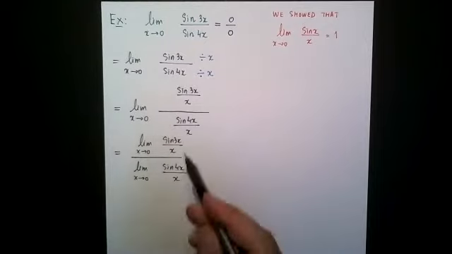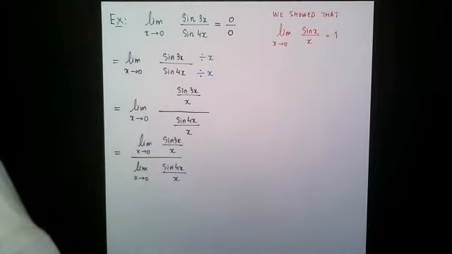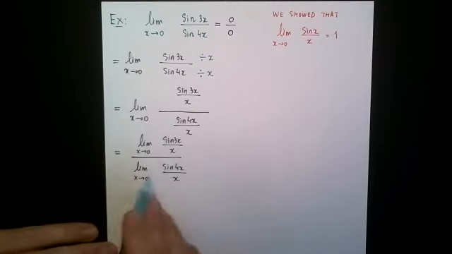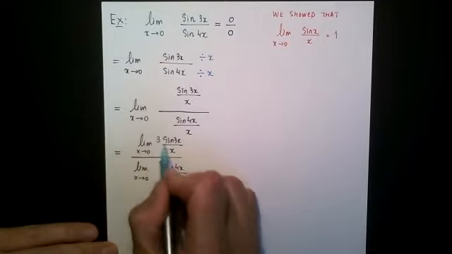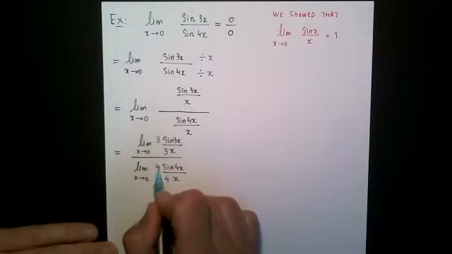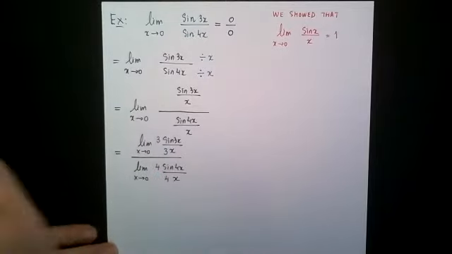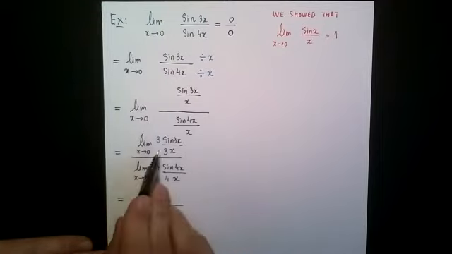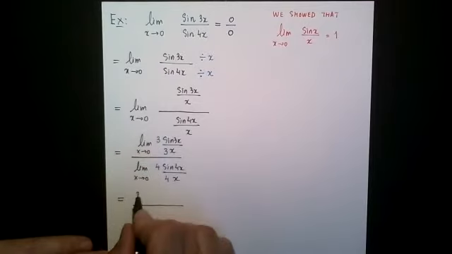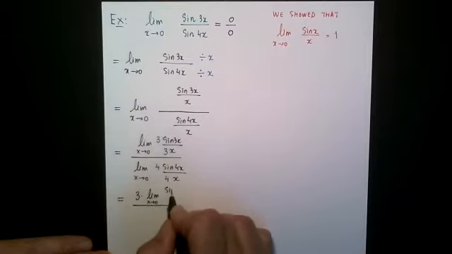Okay, so now I have two limits to evaluate, the top one and the bottom one. And this we know how to do. We've done this last class. So I'm going to multiply the top by 3 and divide, and here multiply by 4 and divide. Equals: in the top, I can extract a 3, 3 times limit x approaches 0 of sine 3x over 3x.